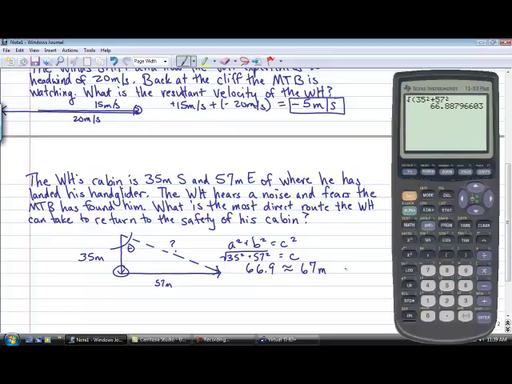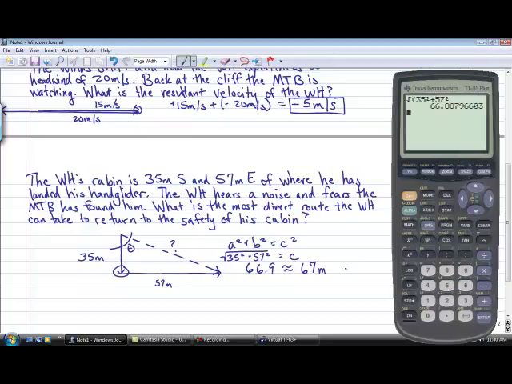Now we need to find out at what angle or what direction does he need to run the 67 meters. You can use any of the trig identities, especially since you know all three sides. Again, I'm going to use tangent, and the reason again that I use tangent is because the 35 and the 57 are given to me in the problem, and should I for some reason have miscalculated my hypotenuse, I would be using an incorrect value in solving if I used sine or cosine.